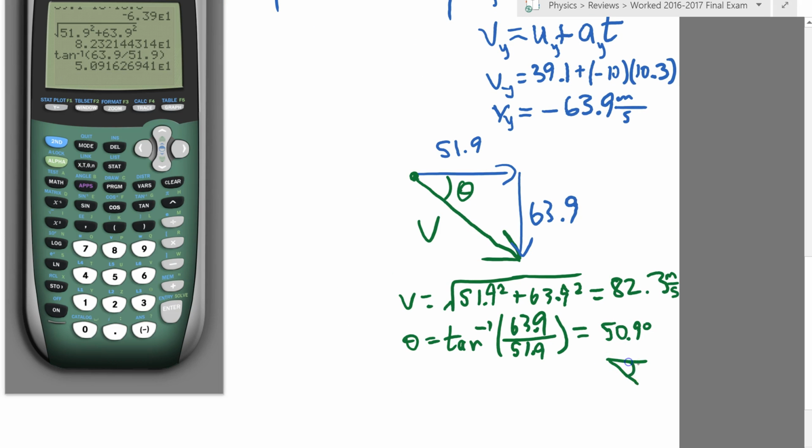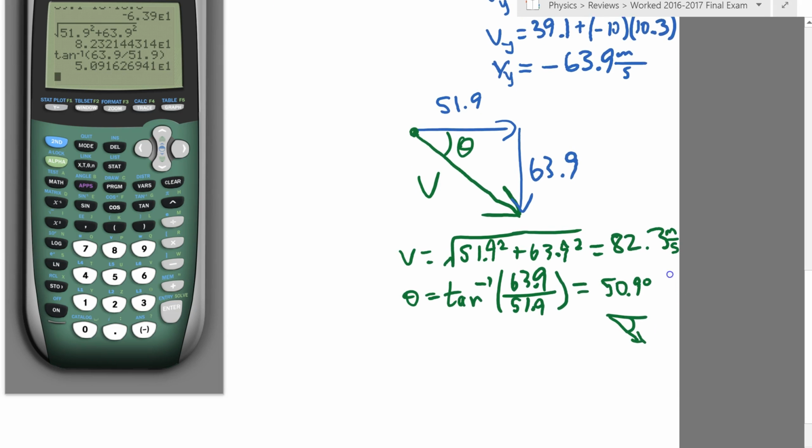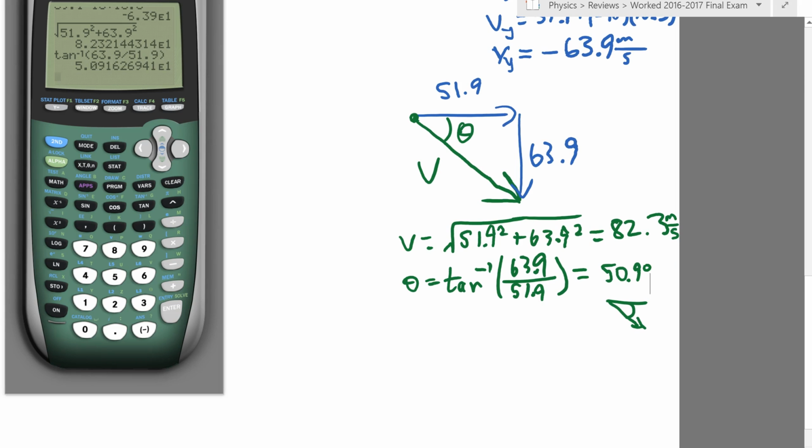So it looks like this. If you translated this into the conventional way of measuring angles, it would be 360 degrees minus that. So 360 minus 50.9, which is 309.1 degrees counterclockwise from the positive x-axis.